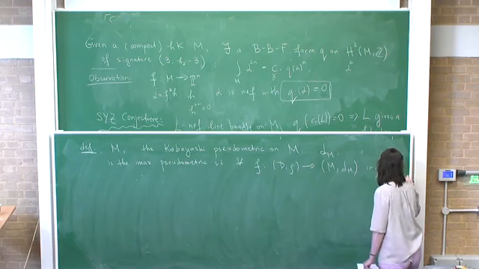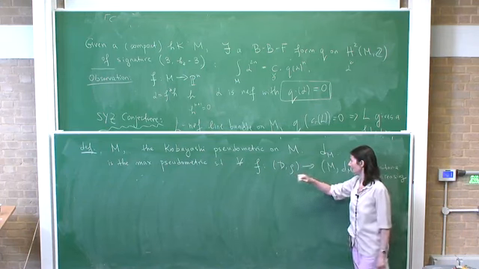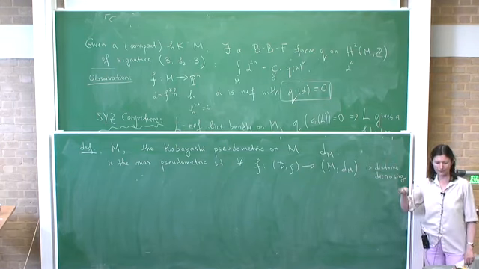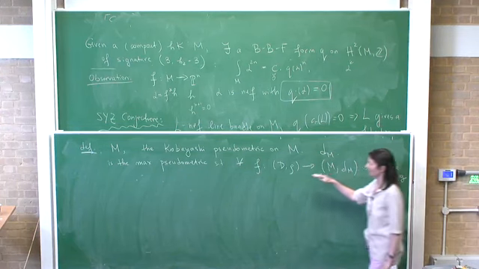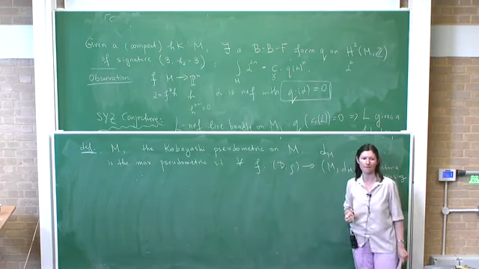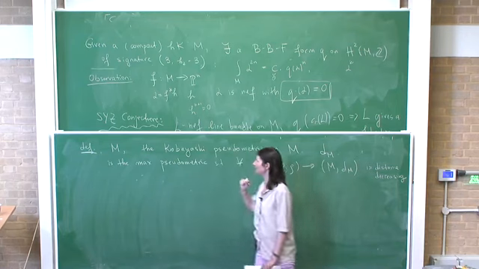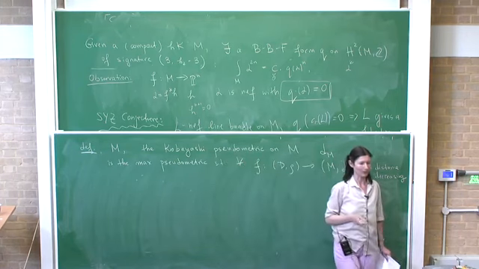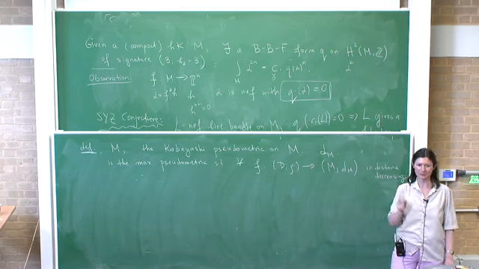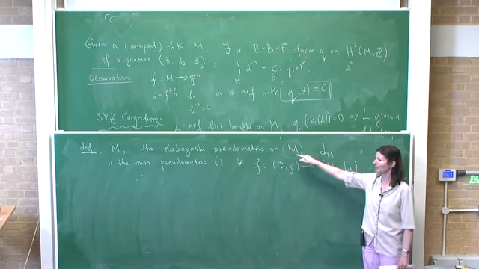So if you consider all metrics with this property, that holomorphic maps from the unit disk to them are distance decreasing, and then you take the supremum, then you obtain the Kobayashi pseudometric. Pseudometric here means: it is non-negative, satisfies the triangle inequality. However, it's possible for the distance between two different points to be 0. So it's a metric which measures the distance between points on M.